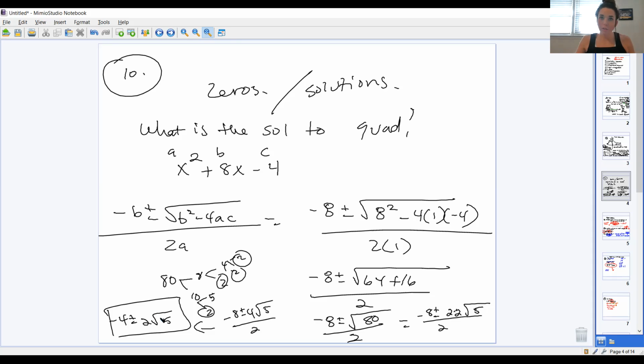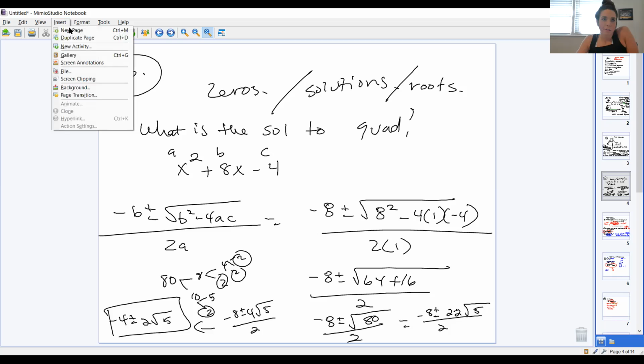If it asks what are the roots, you're going to do the same thing. Okay. Questions on this one? Okay.